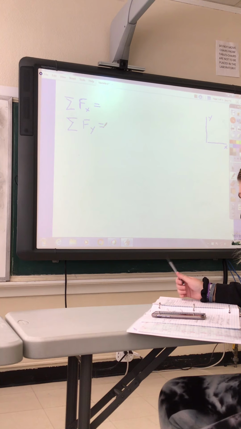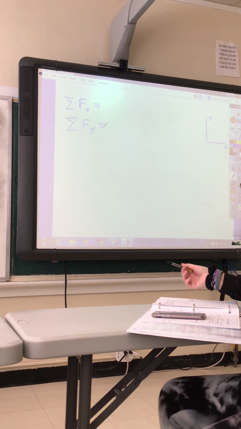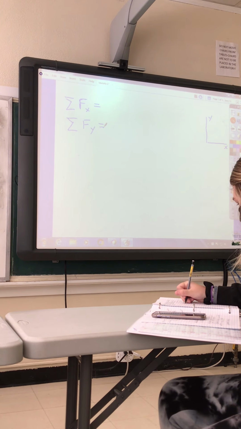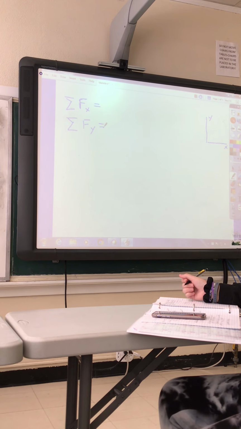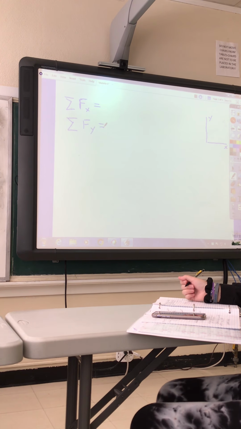Just as much as the gap. Oh, it may be going one way or the other. Yeah, it has to go this way.